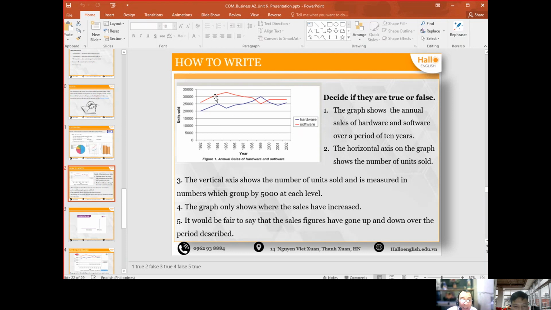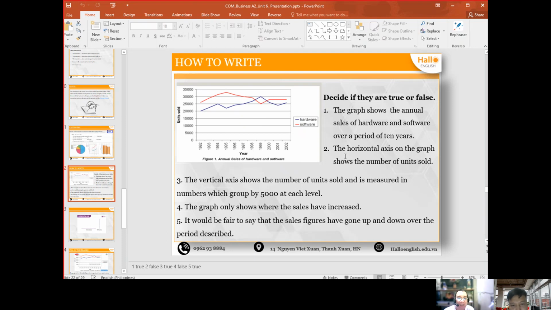There would be no data interpretation yet, but of course, if you look at the title, you can tell that it's all about hardware and software annually. Okay, that means yearly.